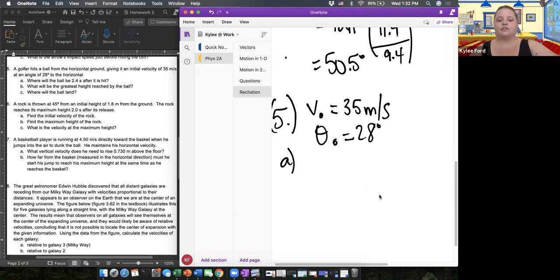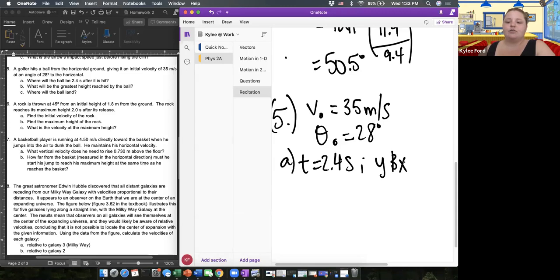And we want to first know where the ball will be at time equals 2.4 seconds after it's hit. So the y and x components of where it's going to be.